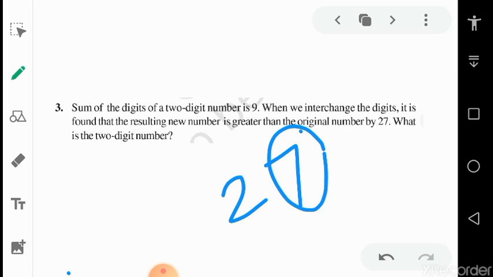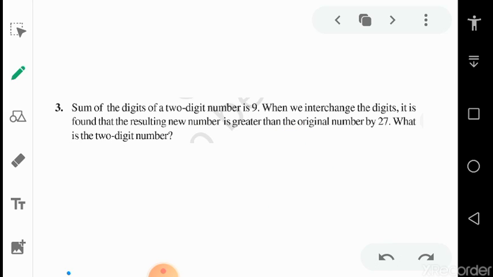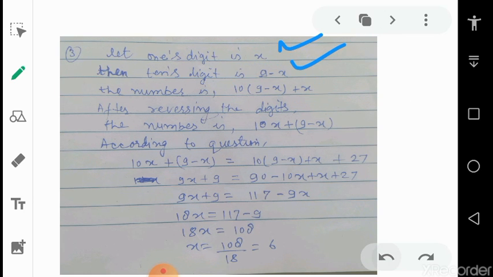Okay, we will use this concept, and after interchanging the digits, we will use the same concept as in the last question. Here is the solution. Let the ones digit be x, then the tens digit is 9 minus x, and the number is this. Why is it written like this?